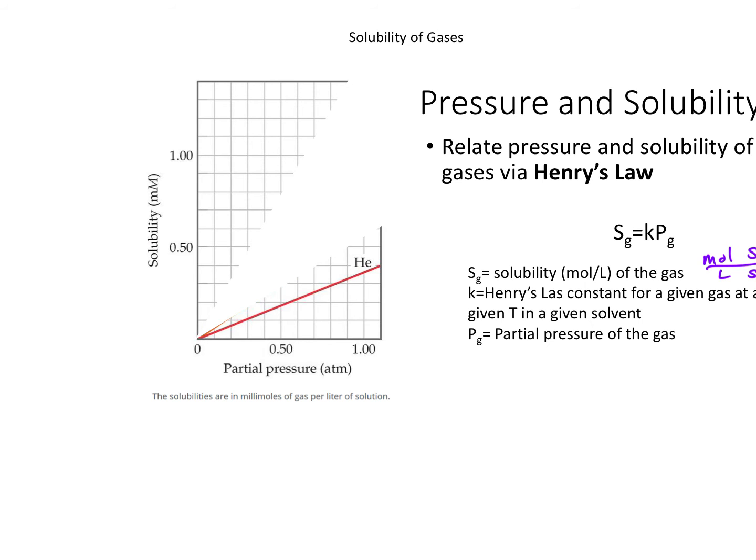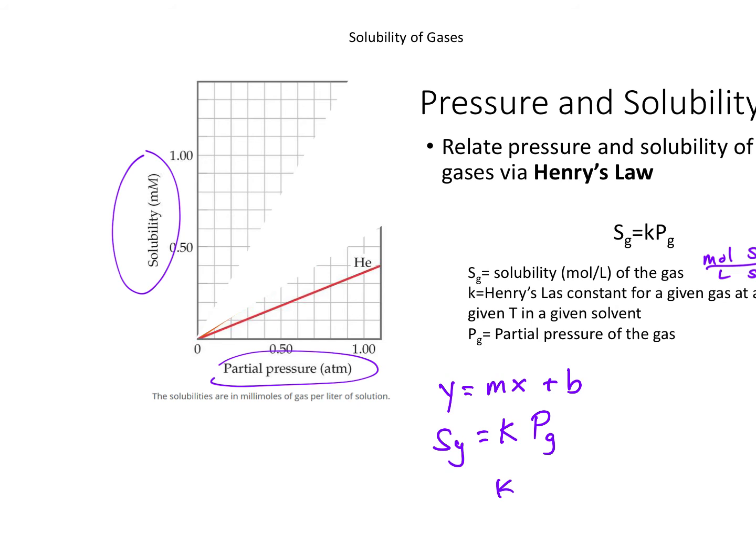Okay, so if we recall that the equation for a line is given as y equals mx plus b, that's essentially what Henry's law is saying, where our intercept b is 0. Okay, so if we plot solubility on y, our slope is going to be equal to k, and the pressure on x.